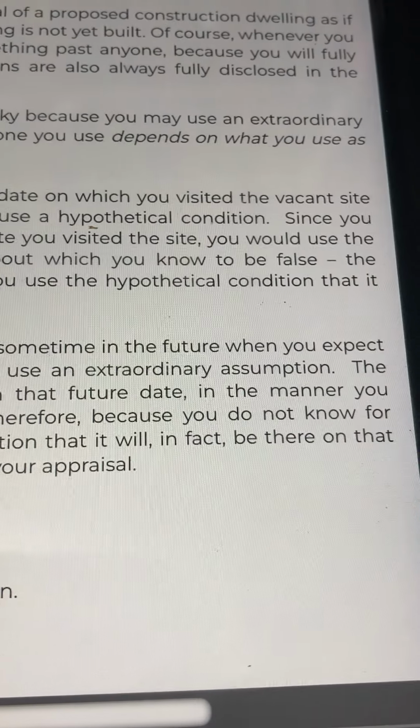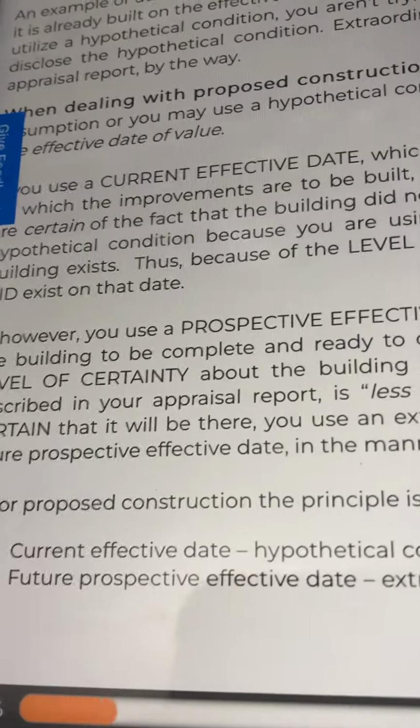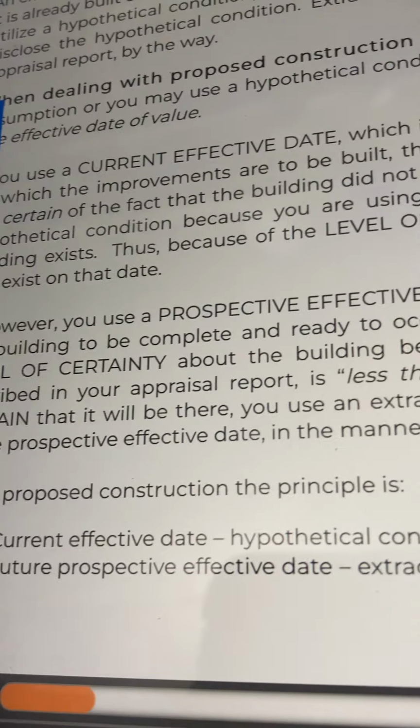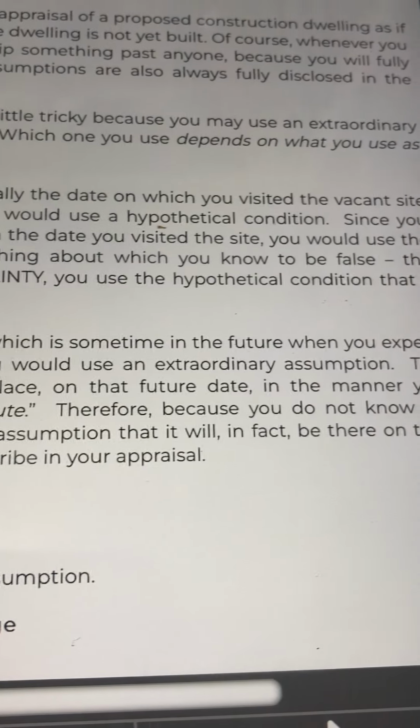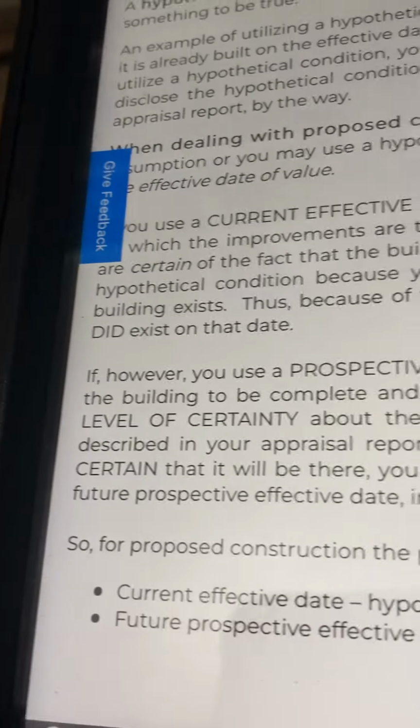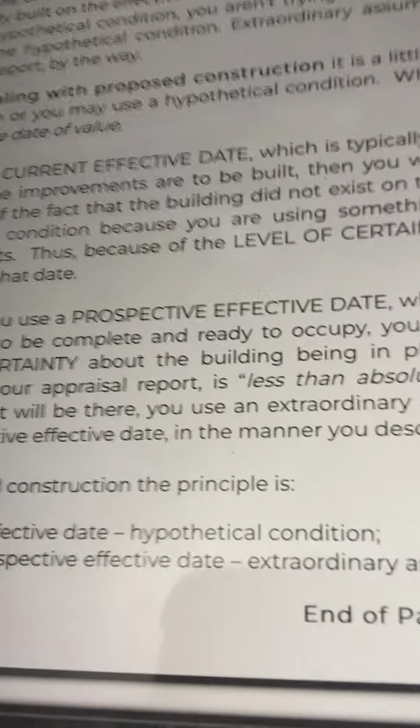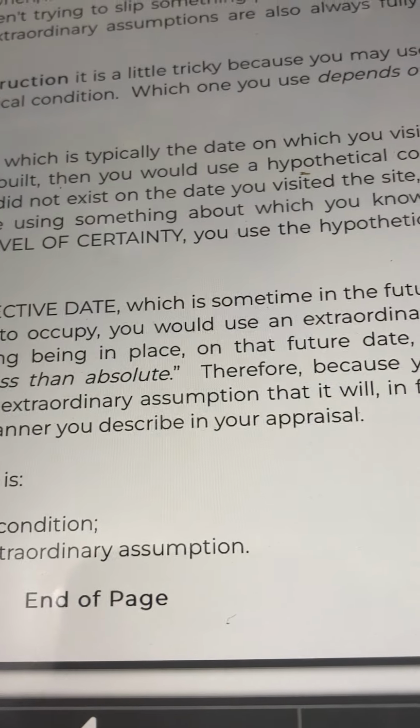Therefore, because you do not know for certain that it will be there, you use an extraordinary assumption that it will, in fact, be there on that future prospective effective date in the manner you described in your appraisal.